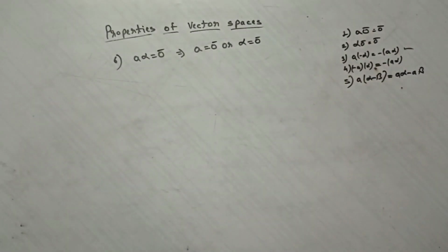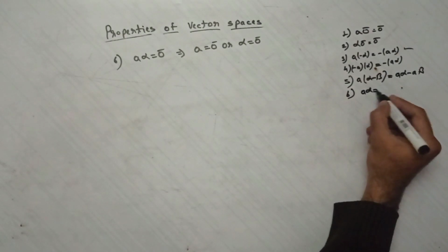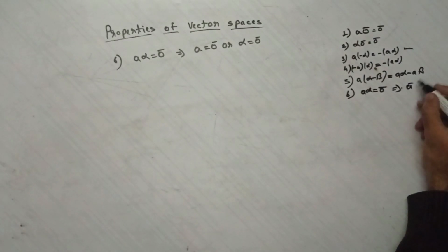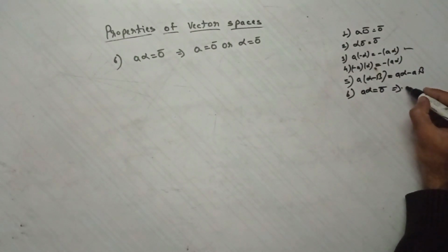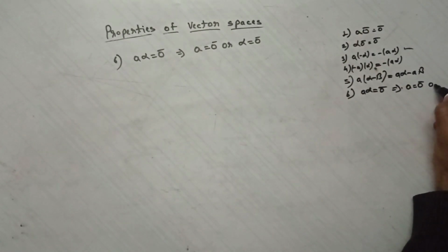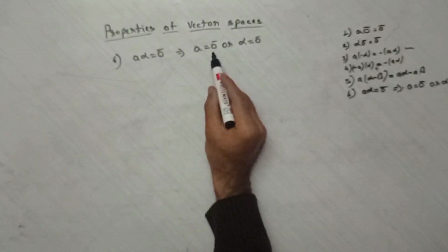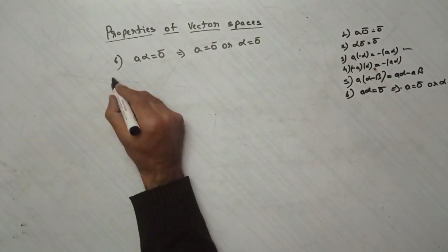Here we use two conditions. First we prove if this then that, and we prove the opposite of that also. The proof starts from there.